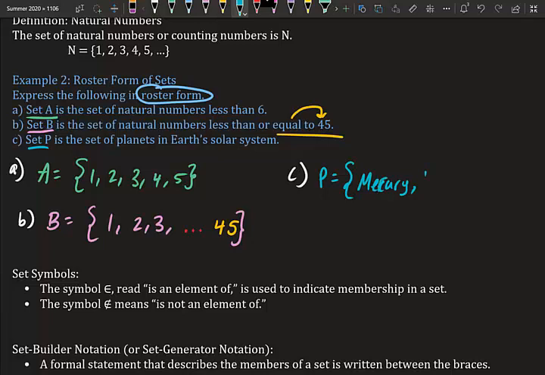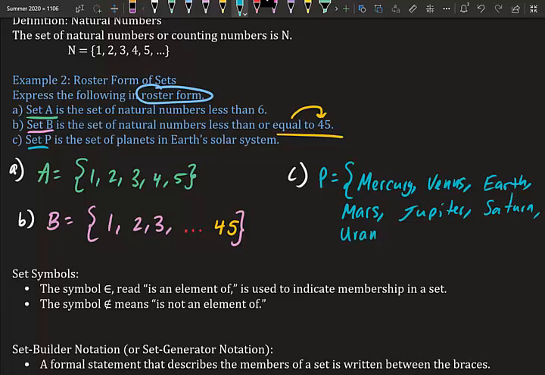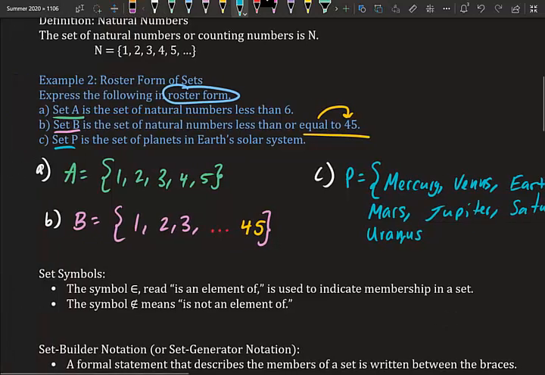Nope, forgot that R. There we go. Venus, Earth, Mars, Jupiter, Saturn, Uranus. Yep, I'm a child. And Neptune.